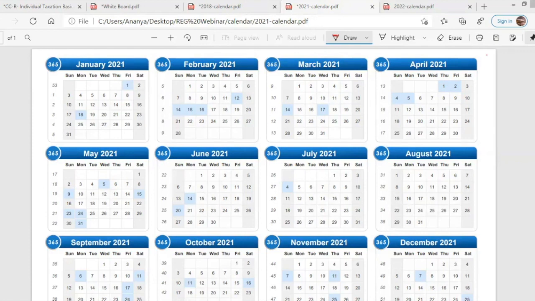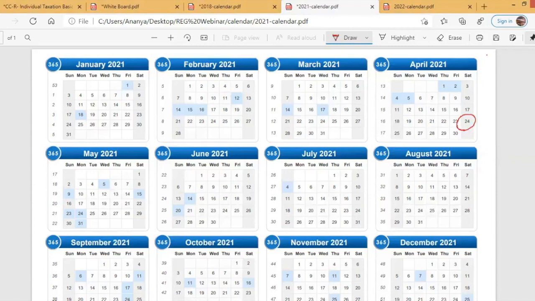And my 52-53 week tax year must always end on Saturday that last occurs in April. So my 52-53 week tax year ends on last Saturday of April. So what is the last Saturday of April? It is 24th.